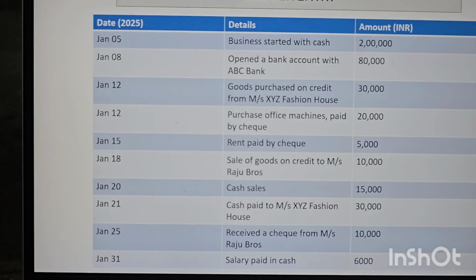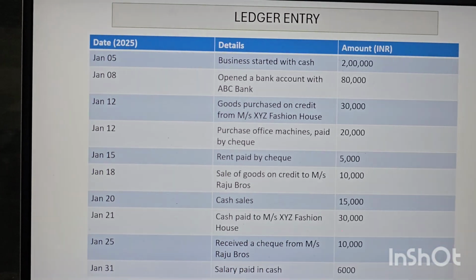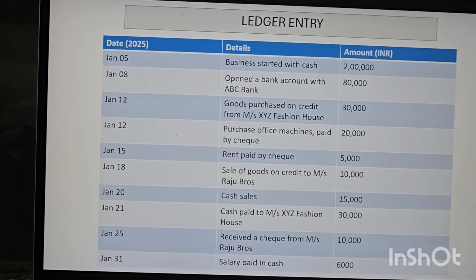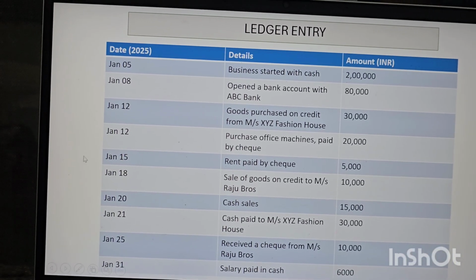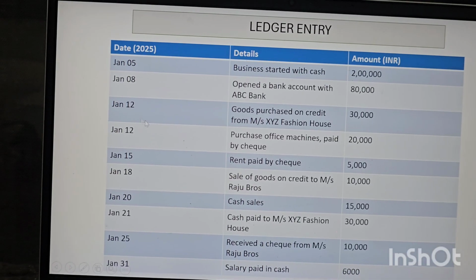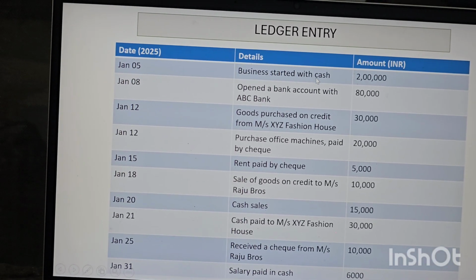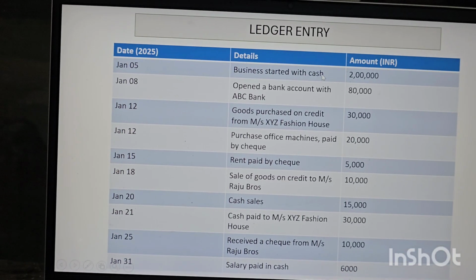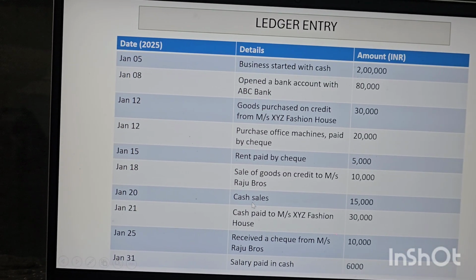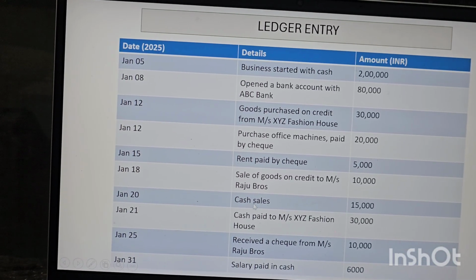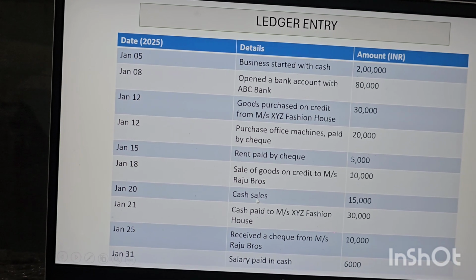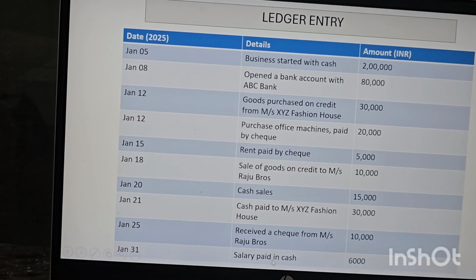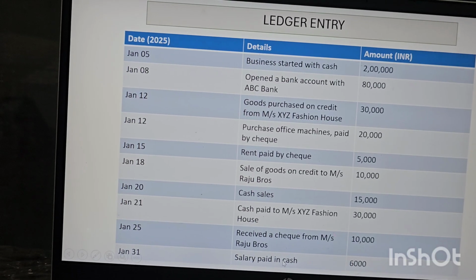So why are ledger accounts necessary? If you see, we have multiple transactions happening on different accounts. So there are multiple layers of accounts. For example, on this transaction, cash is getting involved. On 20th of Jan, cash is involved, and then on 31st of Jan, salary is being paid in cash, so cash is involved.